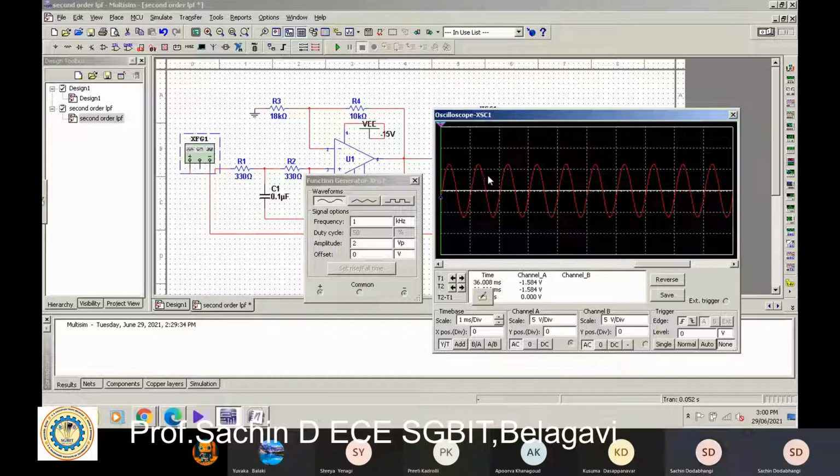You can zoom in and look at the signal. The signal is in red color. Look at the signal. Positive cycle, how many divisions is it covering?